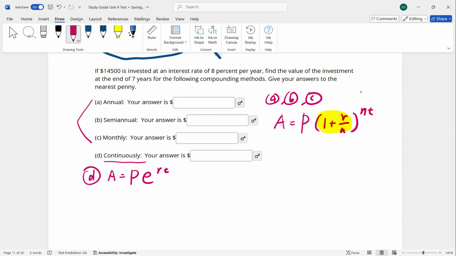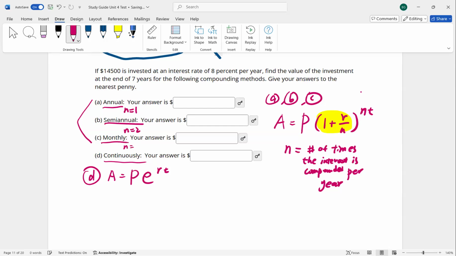Sorry, nt. n here is the number of times the interest is compounded per year. n equals 1 if it's annually. n equals 2 if it's semi-annually, twice a year. n equals 12 if it's monthly. It also could be quarterly or daily, but we don't have that in this question.